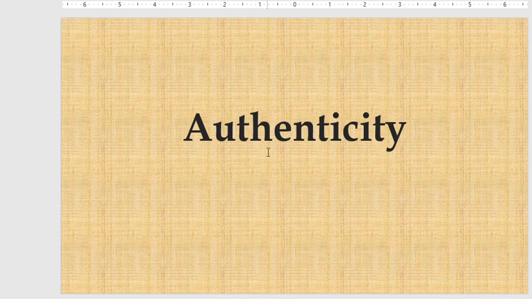But let's conceptualize authenticity. What does it mean by authenticity? Are the materials developed by native speaker teachers necessarily authentic, or are the materials developed by non-native speakers unauthentic and contrived materials?